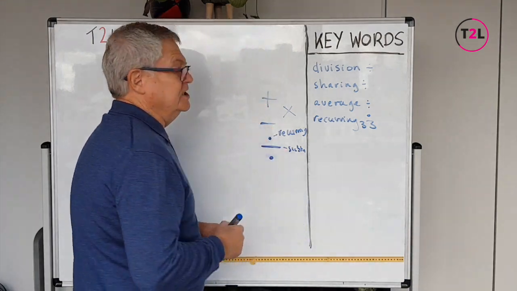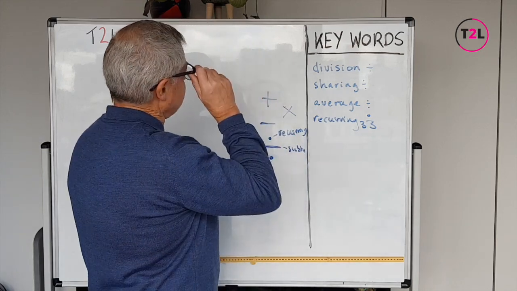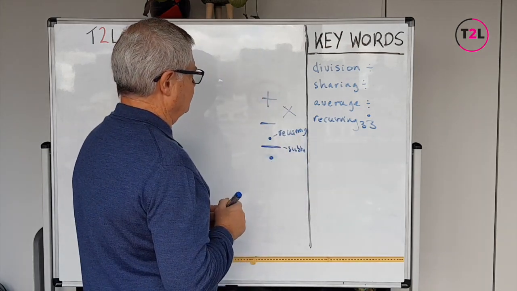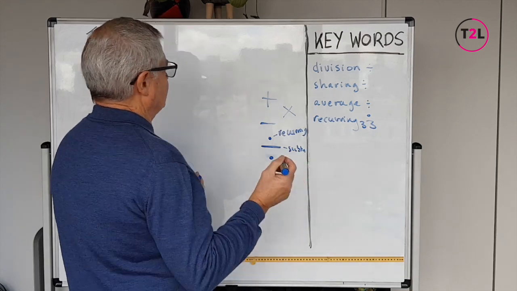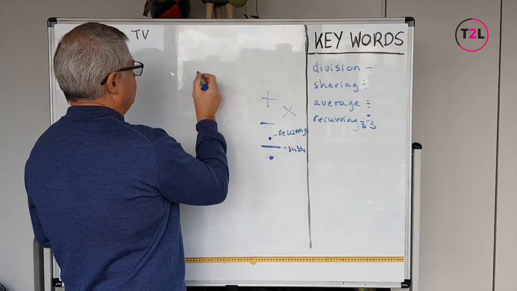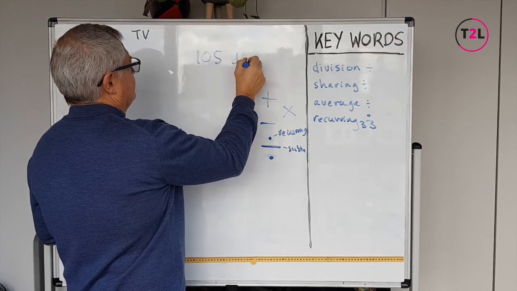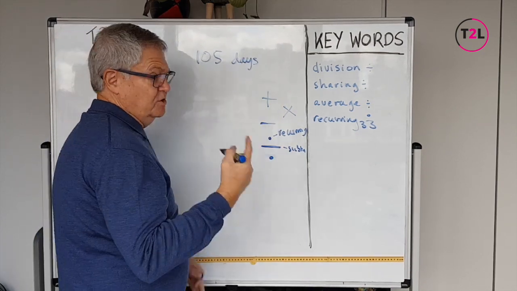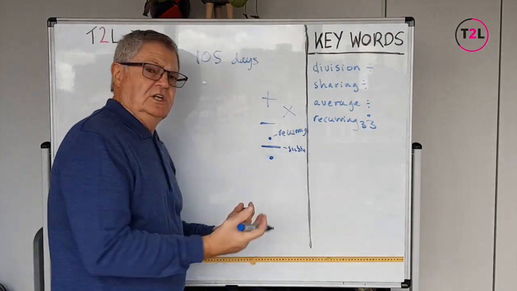Anyway, traditionally, this is how we've gone about division. Let's pick a context that might make some sense. We're waiting to go on the school camp, and the school camp is in 105 days. Conversion is actually a good application of division. So somebody wants to know how many weeks that is.